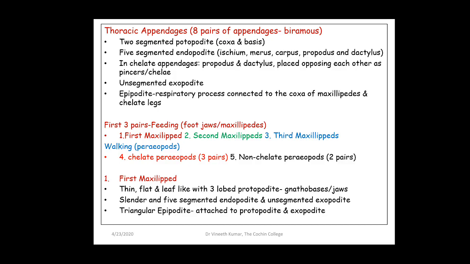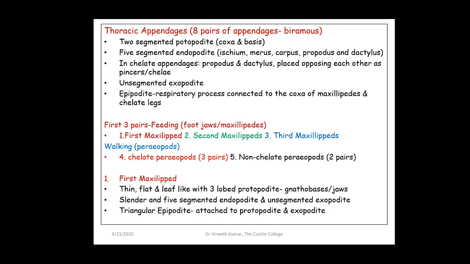In a chelate appendage, the propodus and dactylus, the last 2 segments, are placed opposing each other, and they form a pincer-like structure called the chela. That is why they are called chelate legs. The exopodite is usually unsegmented. The epipodite is the respiratory process connected to the coxa of the maxilliped and chelate legs; it is absent in the non-chelate legs.